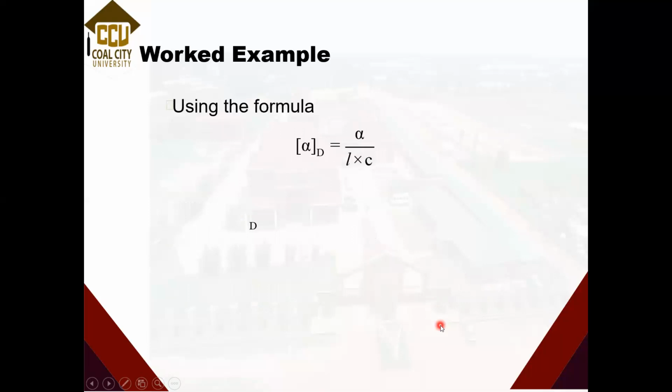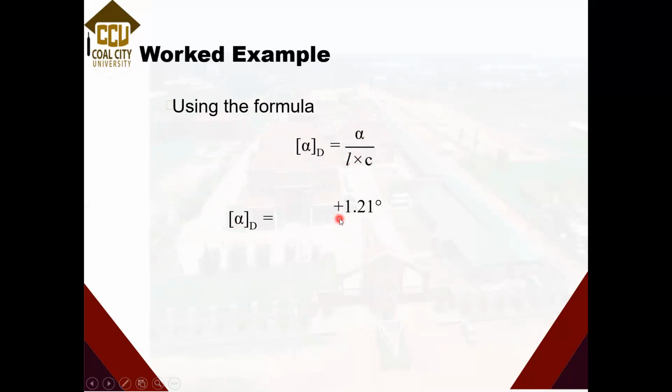Okay, so if I apply the formula, this is the formula, don't forget: specific rotation is equal to observed rotation divided by length times concentration, path length times concentration. So from here, my observed rotation is plus 1.21. Don't forget, this is plus.